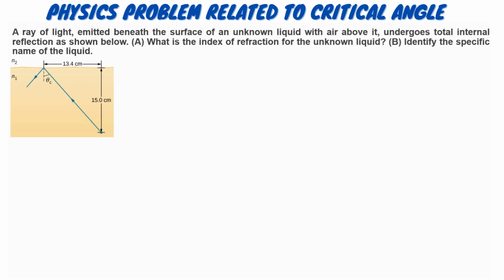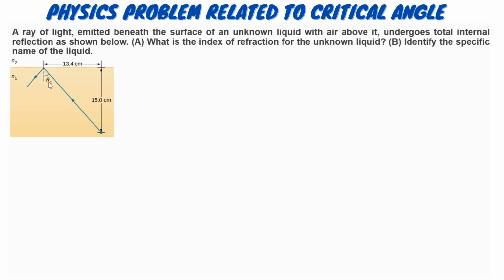Now, to answer this problem, first we need to analyze the given illustration. From the image that is provided, we can see that the X and the Y component of the light source is provided, which forms a right triangle.